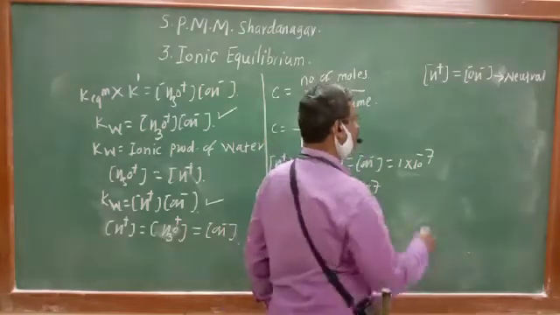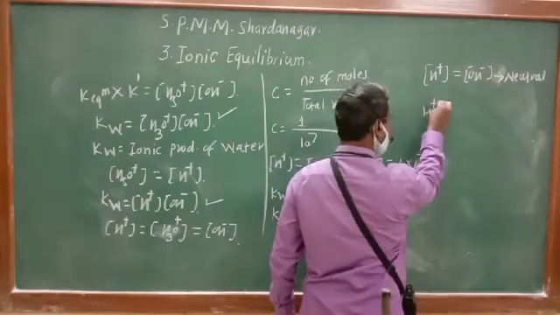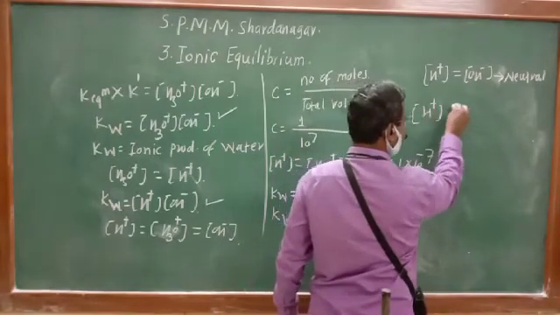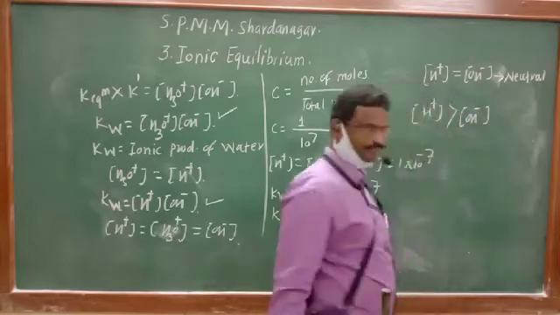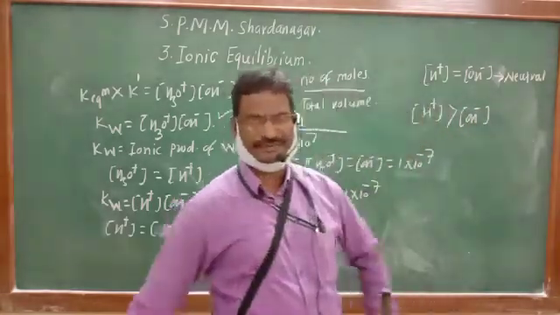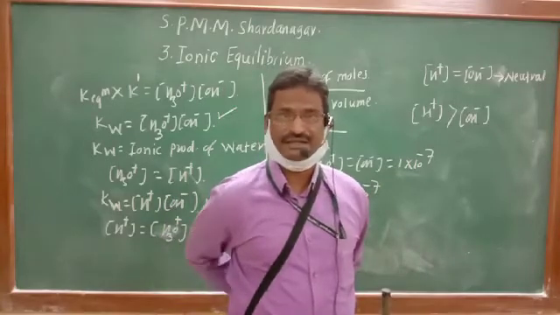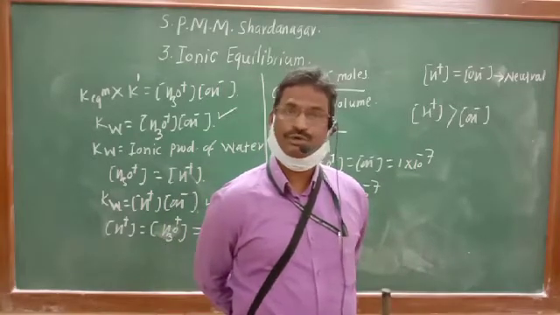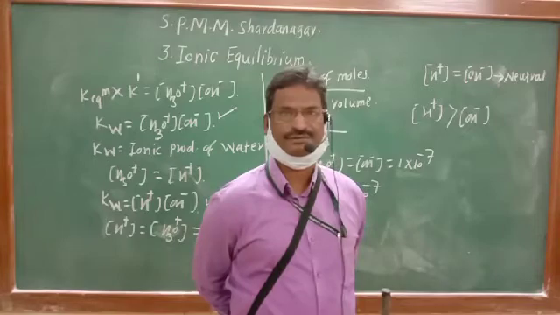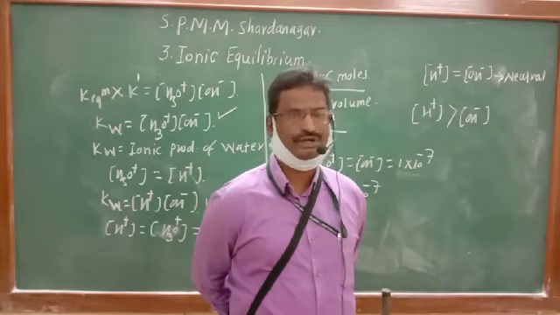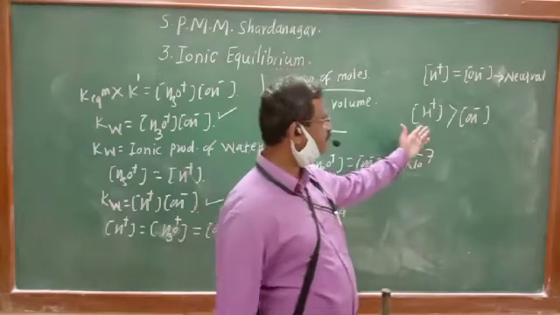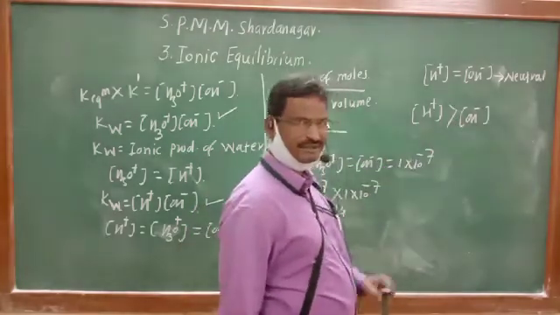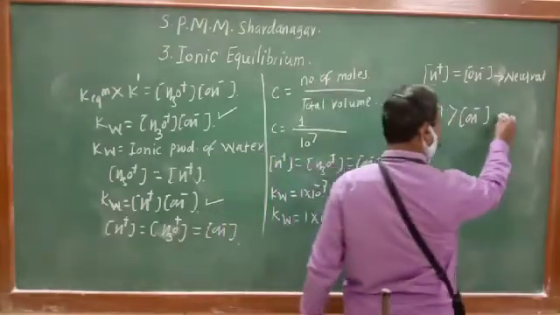If we have H plus ion concentration greater than OH minus ion concentration, see the definitions. Acids are the substances which give H plus ions, bases are the substances which give OH minus ions. So here H plus is greater than OH minus, which means what is the nature of this solution?